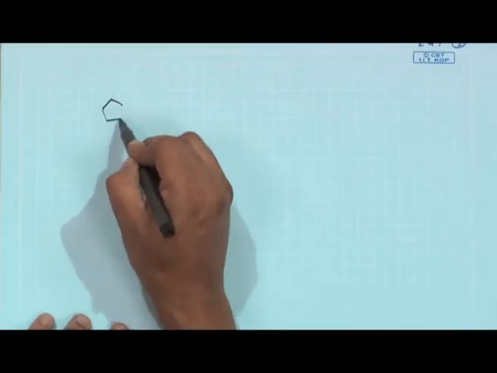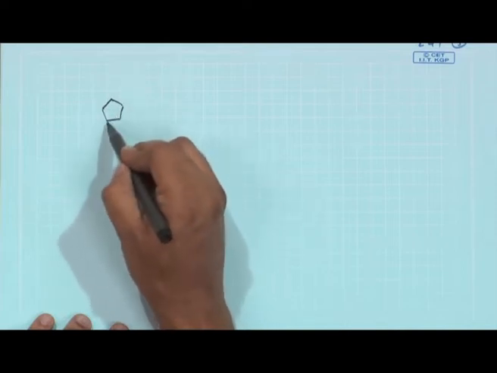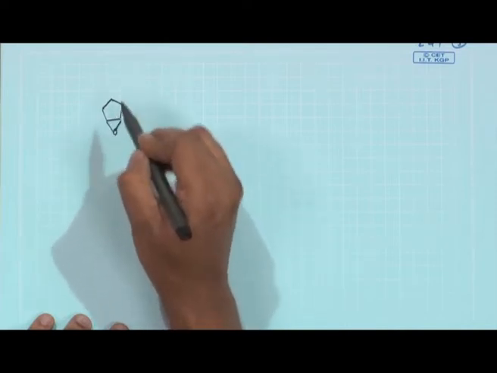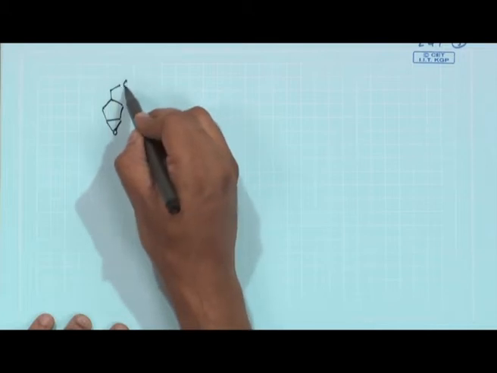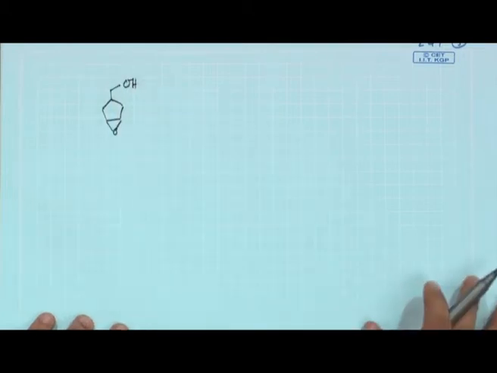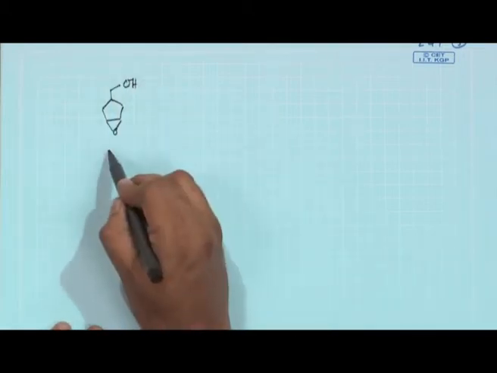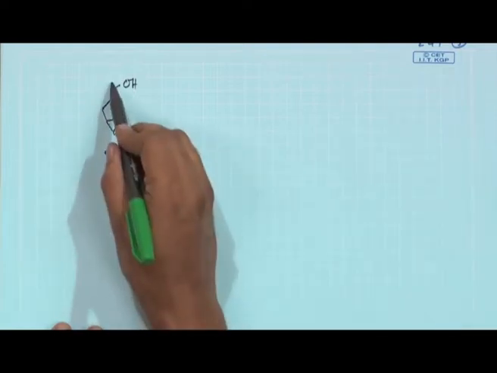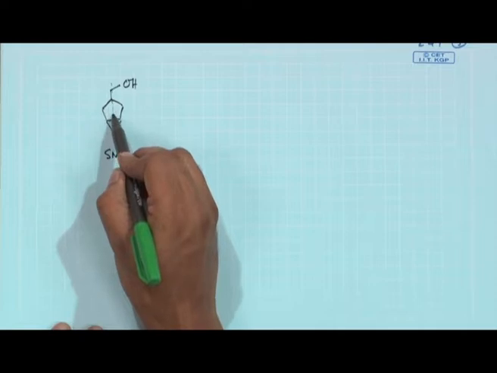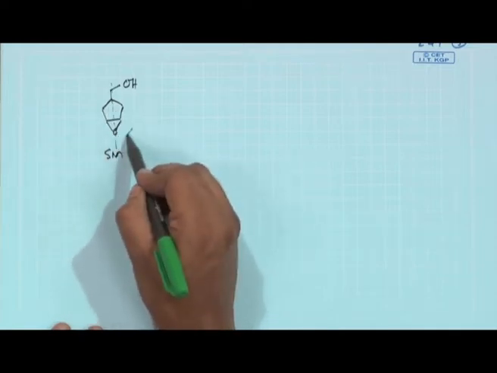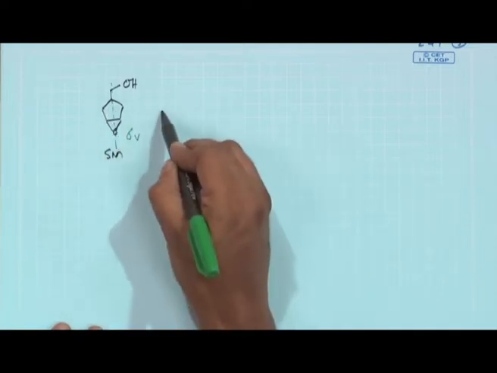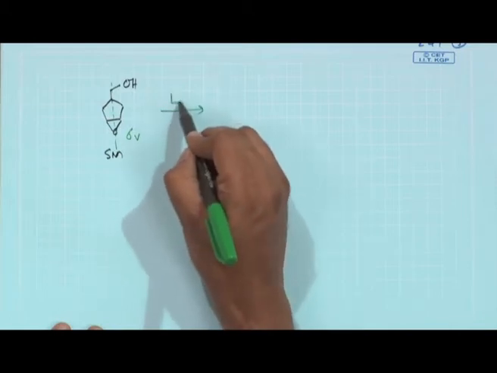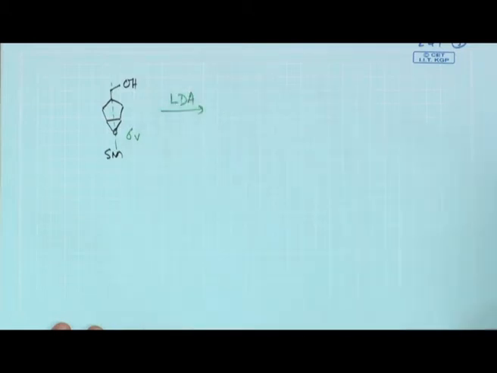Now, I will be giving you an example. I am giving you this compound. I am saying that this compound is a symmetrical starting material, there is absolutely no issue, because if you consider this 2D structure, this is having a perfect sigma v. I am saying that this molecule is reacted with LDA.